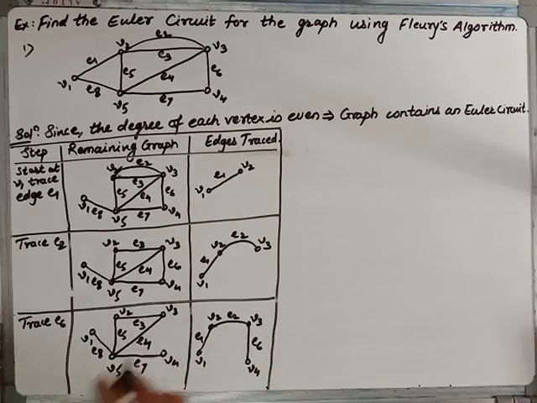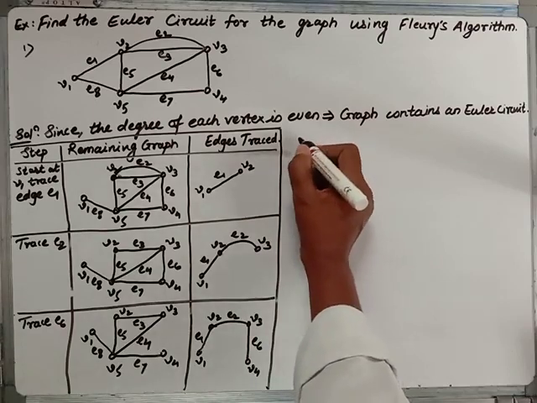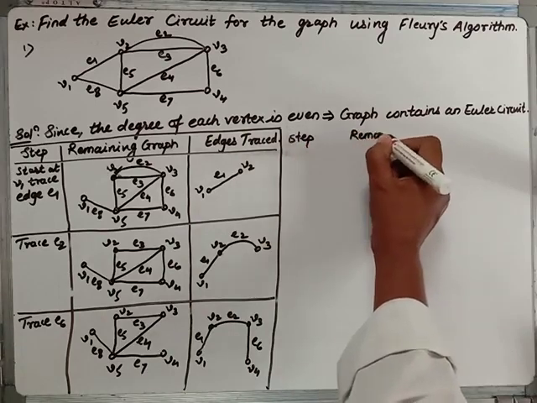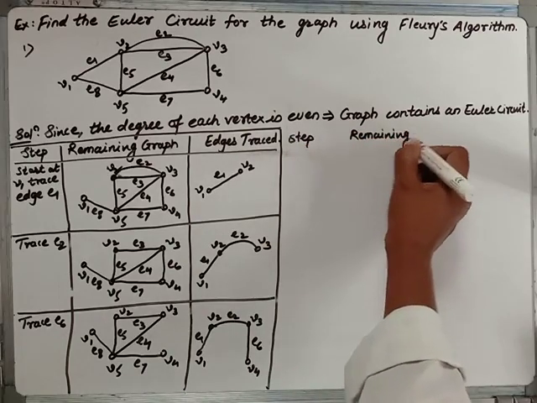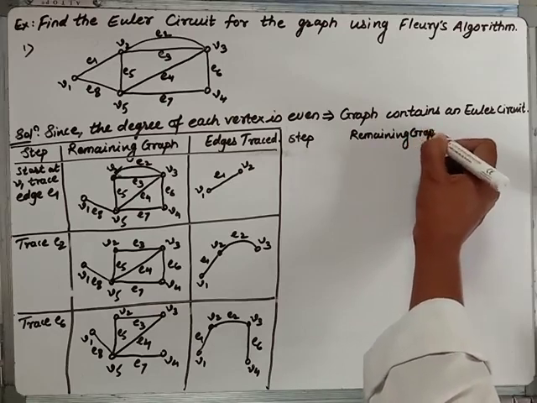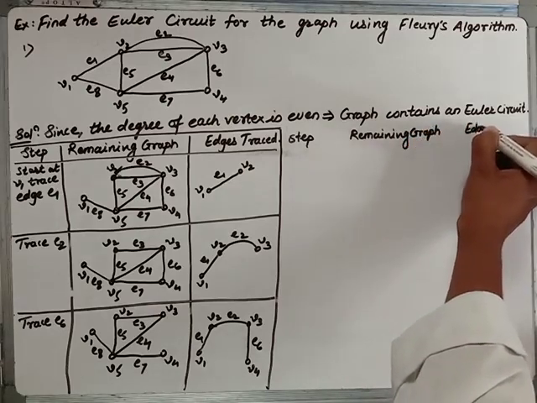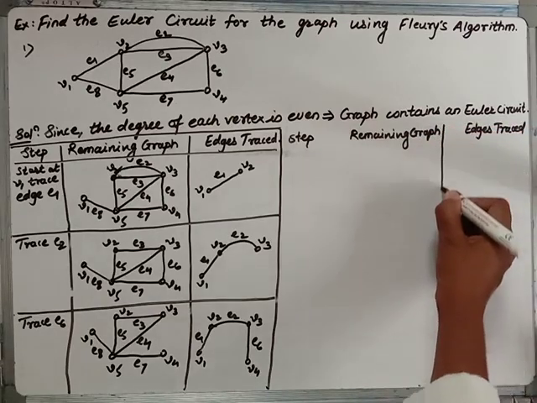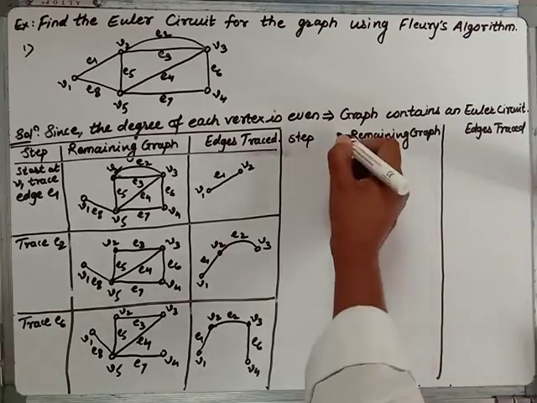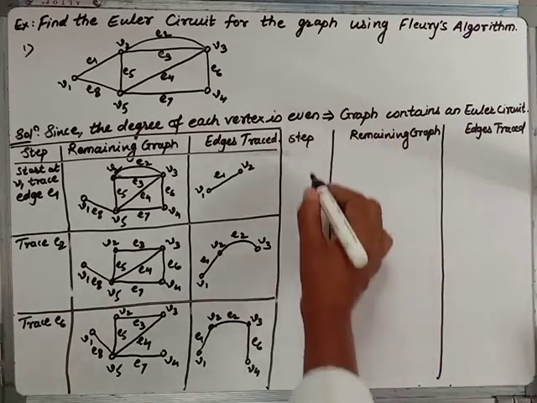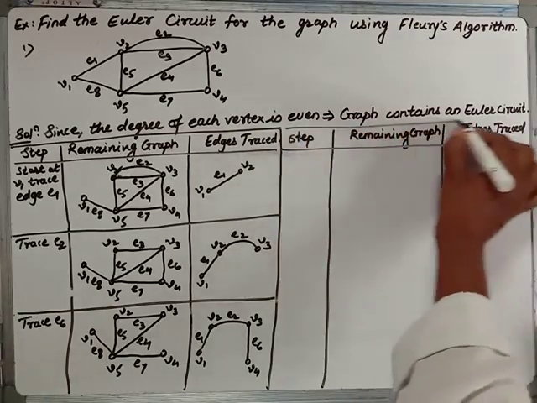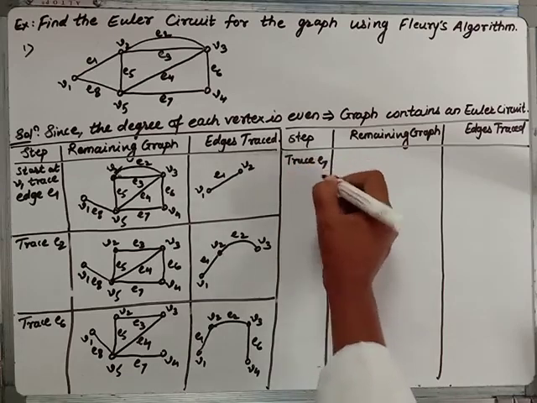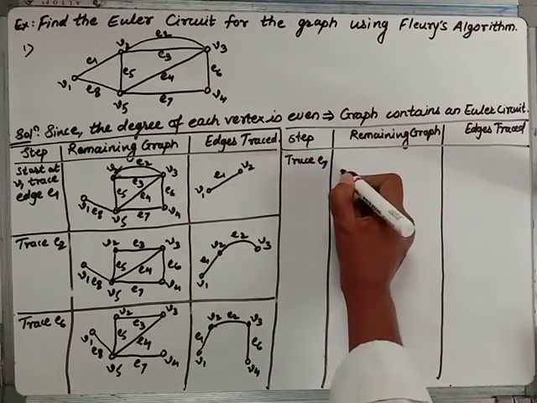Now let us trace E7. So again, step, remaining graph, edges traced. Trace E7 now. What is the remaining graph?